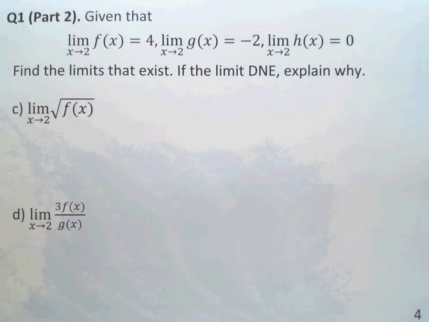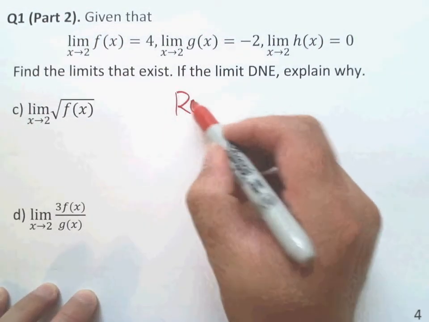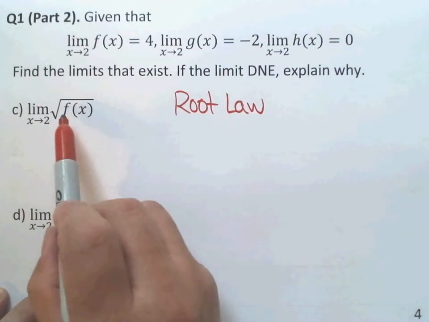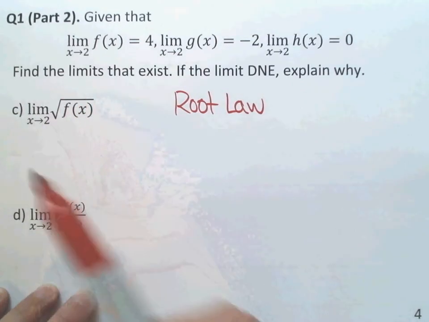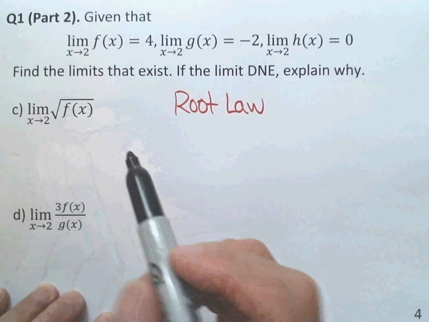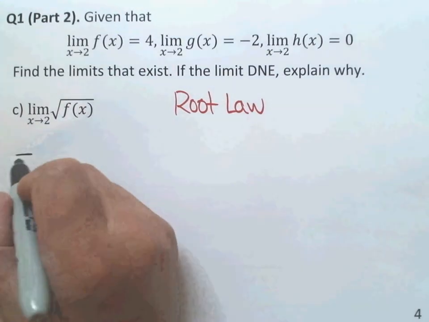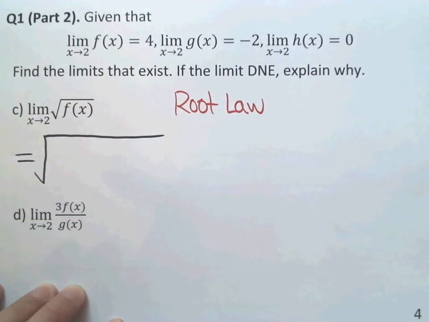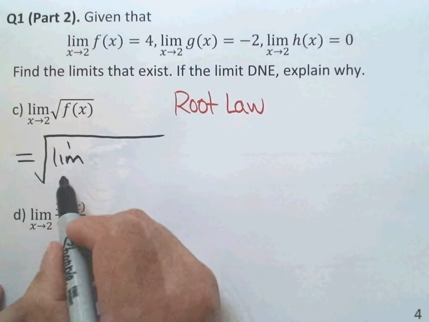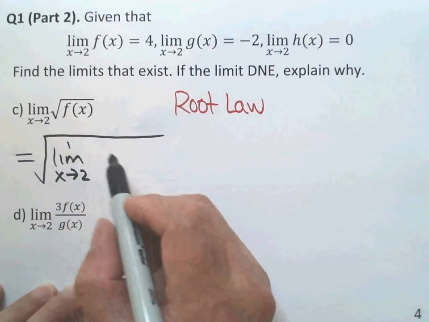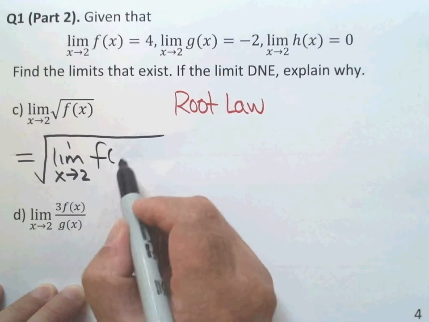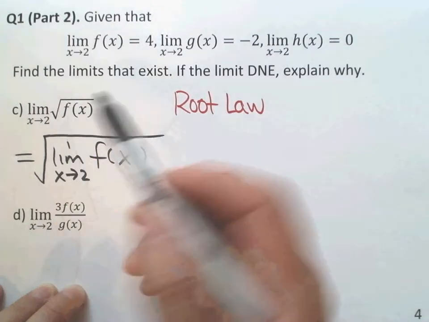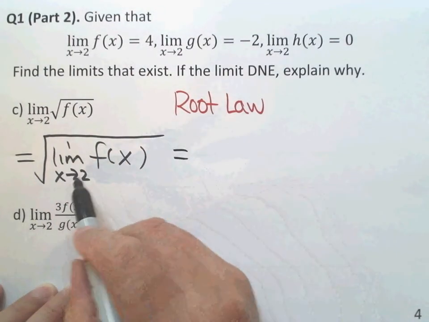With the root law, the limit can go inside the square root. So we have the square root outside, and inside, the limit as x approaches 2 of f(x). The limit goes inside the square root; we call this the root law.